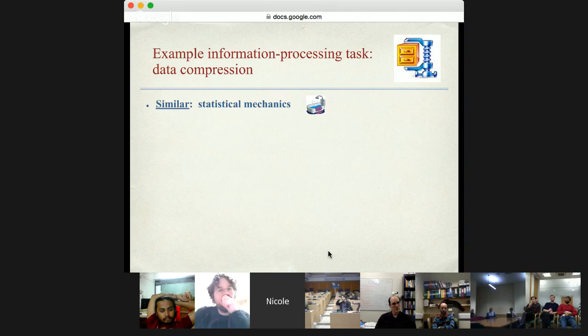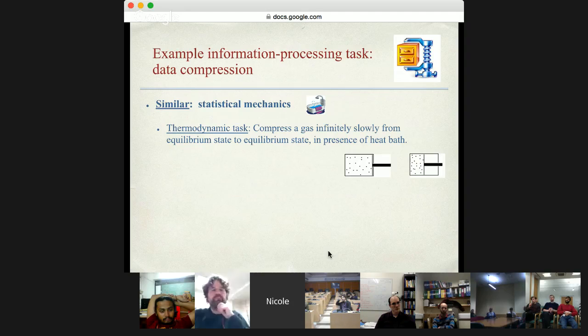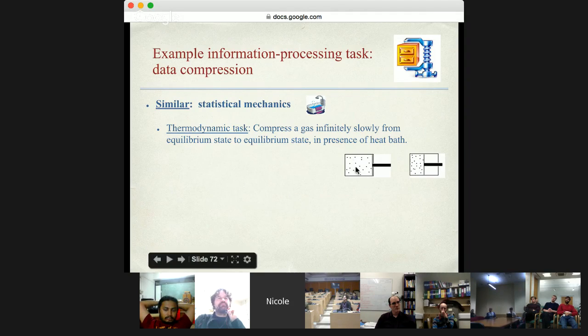But what about some thermodynamic task analogous to data compression? Suppose that you have a gas in a box, because many of us are physicists, and physicists love talking about systems in boxes. Suppose that this gas in the box can exchange heat with a giant temperature T heat bath through the walls of the box.